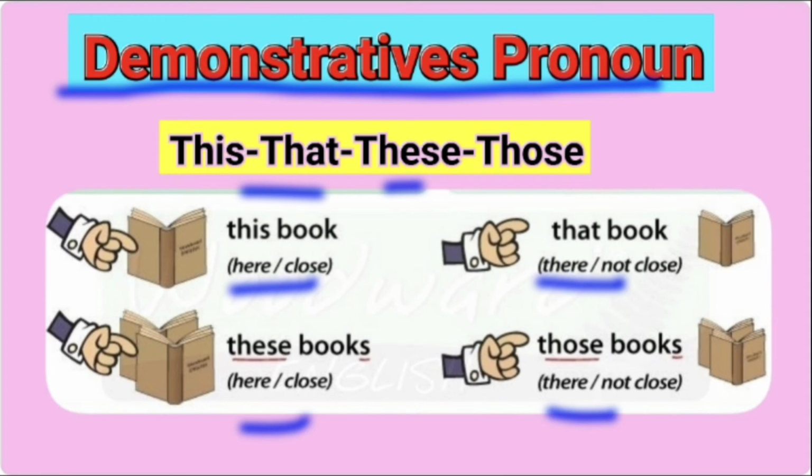But this shows the closeness, the nearness, and that shows not close. It means the object is not near. These and those both are used for plural nouns. But these shows the nearness and those does not show the nearness.